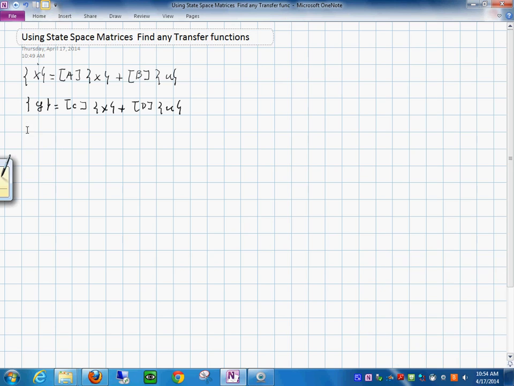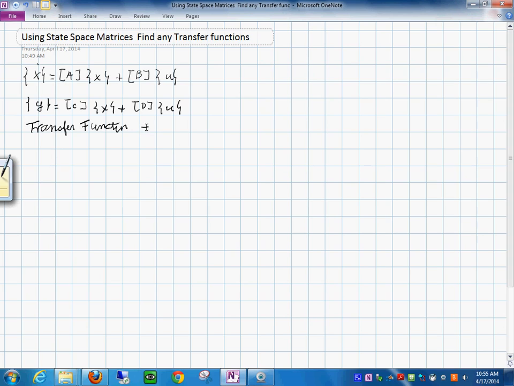The very first thing is, what is a transfer function? I am going to write it down here as a transfer function. By definition, what is this?